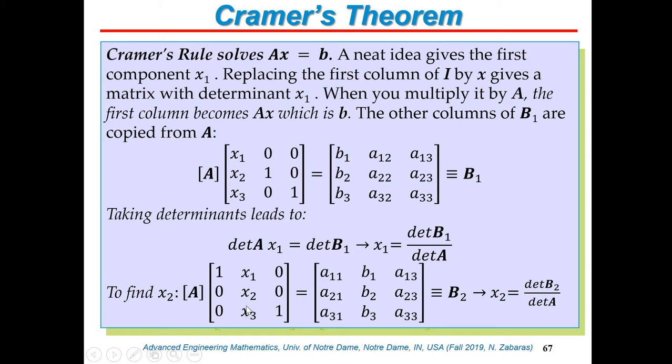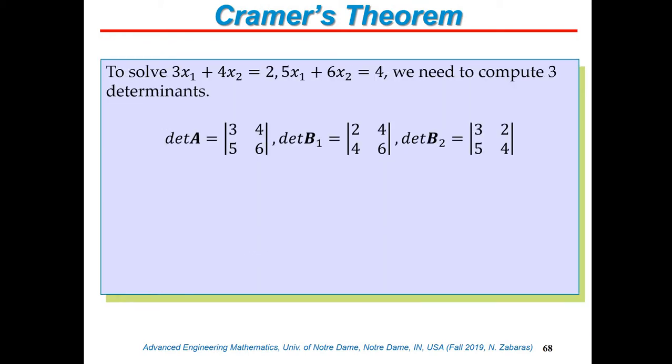The only difference is in the derivation you're going to have to put x2 in the second column of the identity matrix, and on the right-hand side you're going to substitute the second column of A with the b vector. So this is B2, and you can see immediately that x2 is the determinant of B2 divided by the determinant of A. So this is basically Cramer's rule for solving a linear system of equations Ax equal to b, and you realize even if you have a trivial system of equations like 2 by 2, you're going to have to compute 3 determinants, okay?